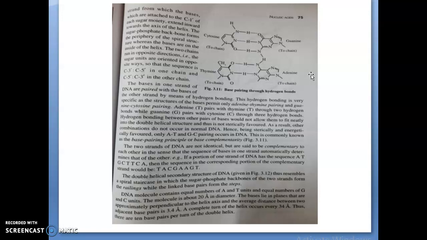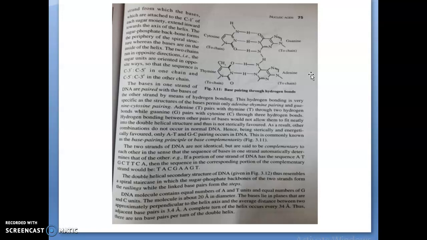Sterically and energetically, only AT and GC pairing is formed in DNA. This is known as the base pairing principle or base complementarity. The two strands of DNA are not identical, but complementary to each other. The sequence of one strand automatically determines that of the other, because the sequence in one strand appears in reverse order in the other strand.